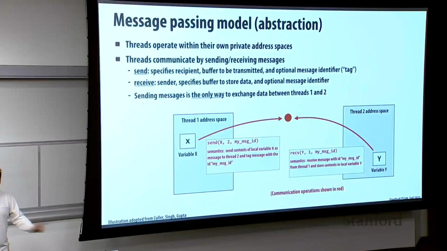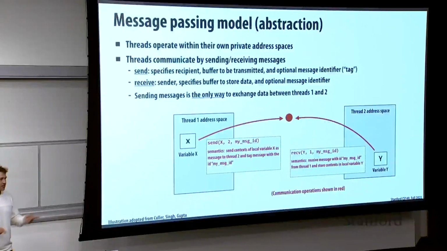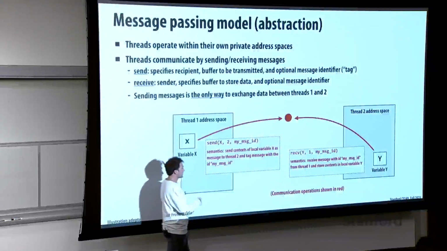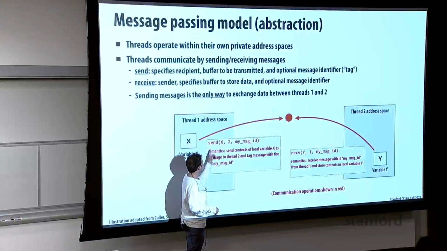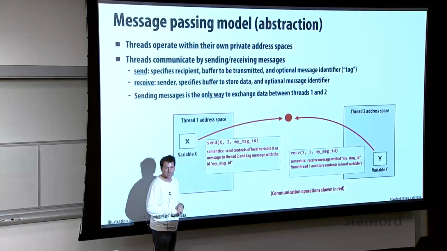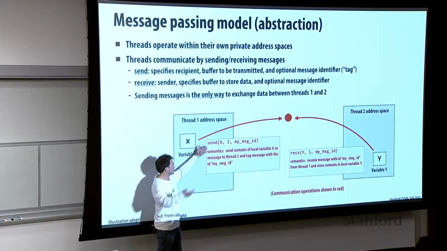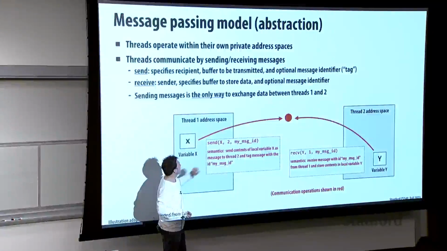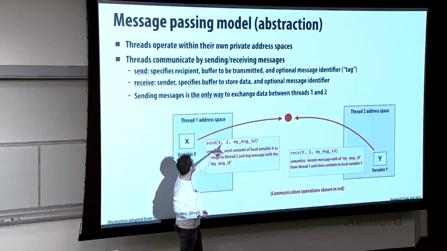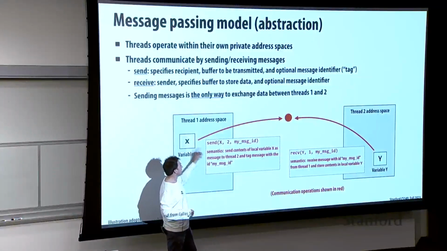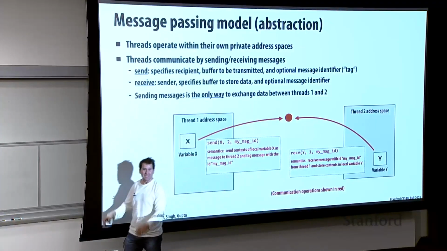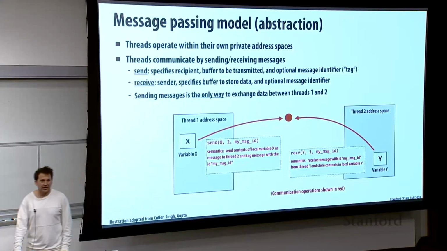Every thread can load and store the variables in its own address space, but the only way to exchange information across these threads is to explicitly send a message. So in this case, rather than an HTTP request, let's just abstractly say thread 1 is going to send the contents of its address X to thread 2 and tag the message with an ID so that the receiver on the other side knows what it's getting.